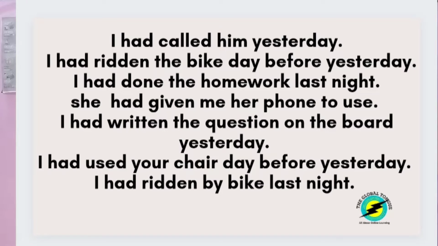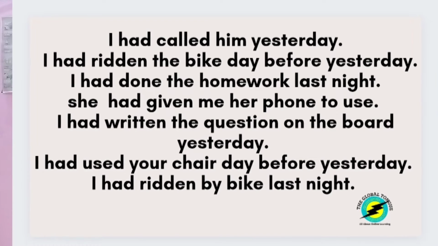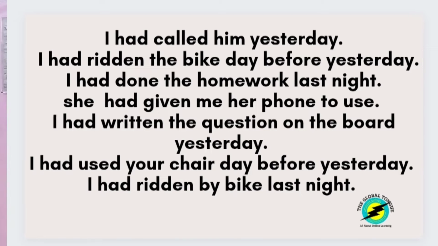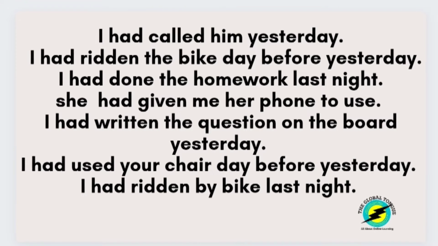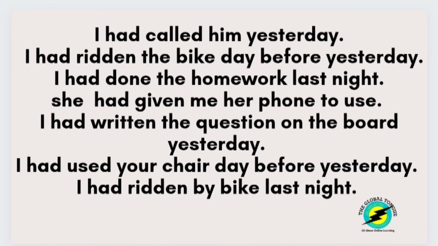And so the sentences will be like this: I had called him yesterday, or I had ridden the bike day before yesterday. I had done the homework last night, and she had given me her phone to use.